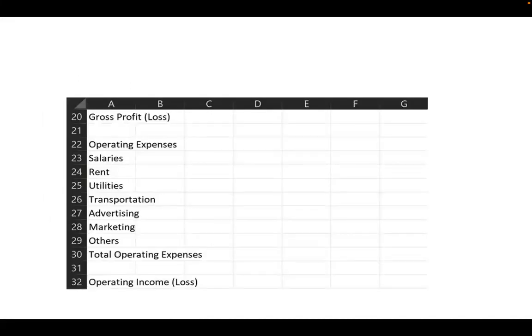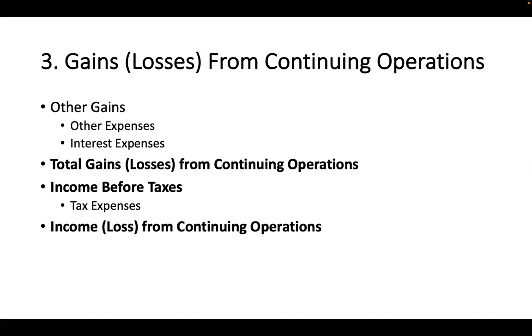So this is how it would look. After the revenue part, this is our operating expenses, which constitutes salaries, rent, utilities, transportation, advertising, marketing, others, and total operating expenses, building up into the operating income or loss. As simple as that. Now the third part is gains or losses from the continuing operations. So other gains, other expenses and interest expenses.